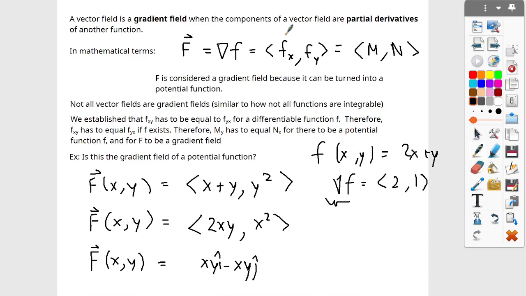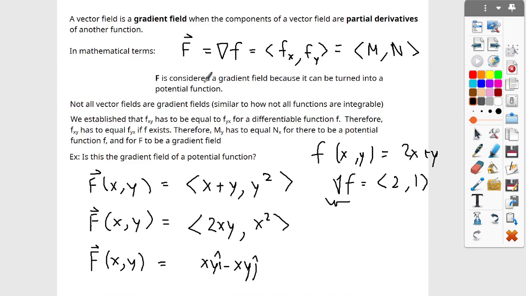And then f sub y is also the partial derivative with respect to y of that same function. That is a gradient field. And the function that originates it is called the primitive. So the primitive of f, the function that originates from f, is called a potential function.